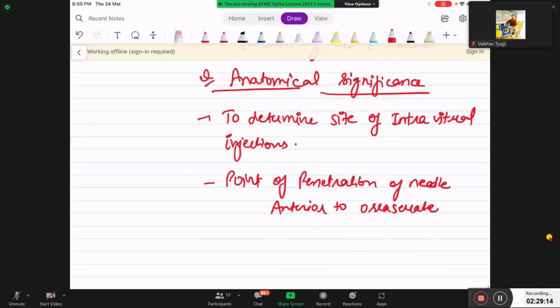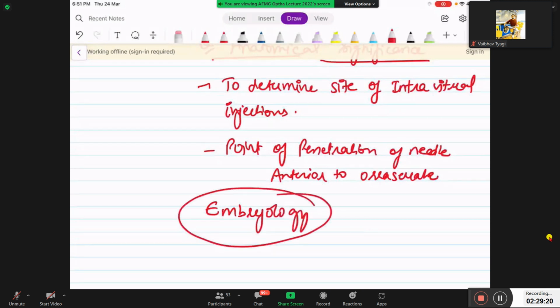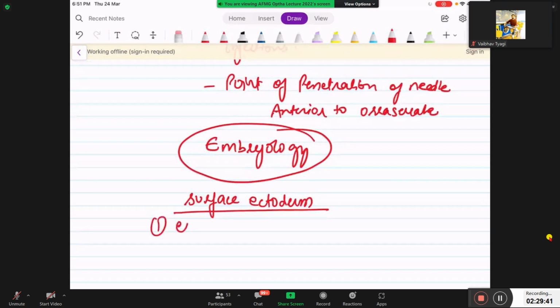Now next point, write down. Next heading, embryology. Some important questions which are frequently asked from your embryology part. Structures which are derived from surface ectoderm: first, the epithelium of conjunctiva, epithelium of cornea, lens.